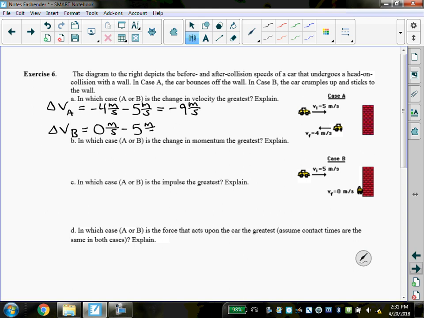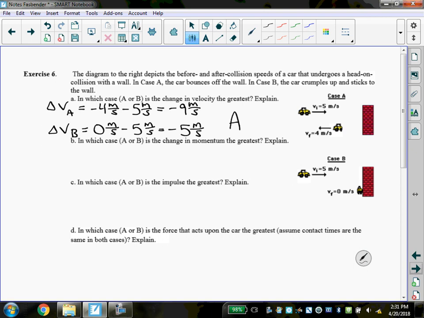It was also originally moving at 5 meters per second, so it experiences a change in velocity of -5 meters per second. So car A has a greater change in velocity because of that direction change, right? When it moves from one direction to the other direction, that's a huge change in velocity.